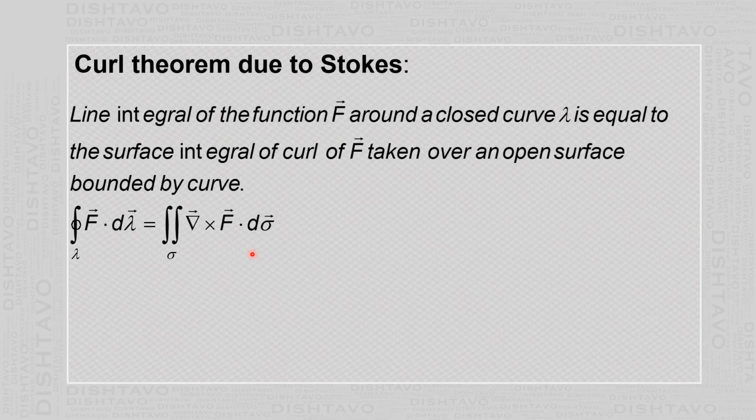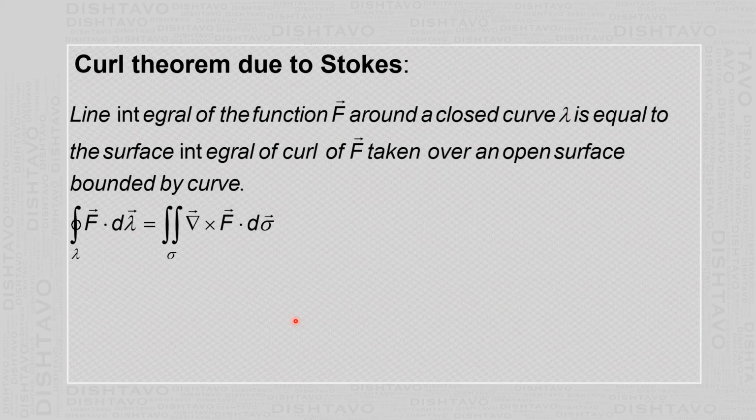So this theorem tells us that the line integral of the function is equal to the surface integral of the curl of the function. And this curl theorem is used again to simplify equations in derivations which we come across in electrostatics and magnetostatics. Many times what happens is, on the left hand side there is a line integral and on the right hand side there is a surface integral.